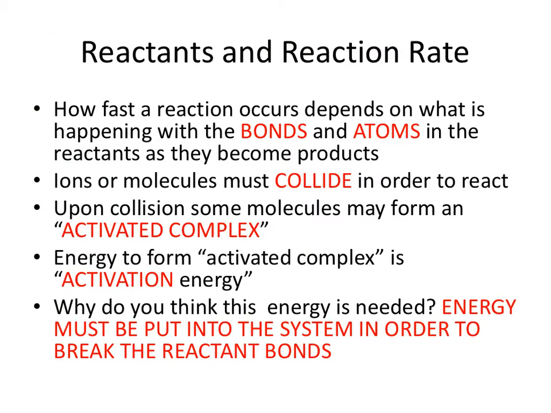Okay, so we're going to take a little bit of a look at the reaction rate. How fast a chemical reaction occurs depends on what is happening with the bonds and the atoms in the reactants as they become products.